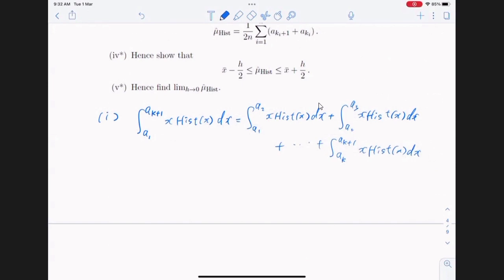And for simplicity, we may write this in terms of the summation notation. Now notice that this subscript is small k.